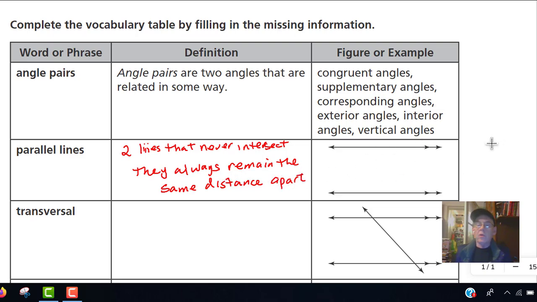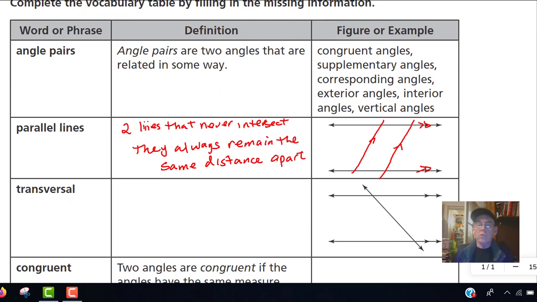And over here we have a couple of examples of parallel lines. Notice that the lines that are parallel have corresponding arrowheads on the line to show that they match up. I could match these two up like this with two arrowheads. I could have another pair of parallel lines come through here and mark those with one arrowhead. So one arrowhead marks a pair of parallel lines, two arrowheads mark a pair of parallel lines.